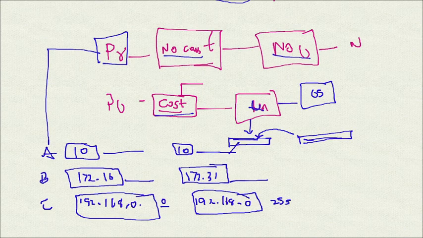This is the same network. This is the network part, this is the host part. We also know this is the network part and this is the host part, and 0.0.0 to 255.255.255 contains three 255 dots.